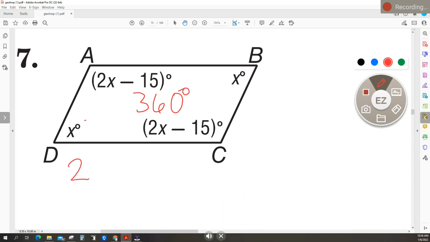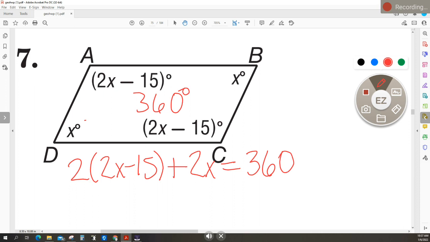So we can do 2 times 2x minus 15 plus, and then what are these two? 2 times x, which is what? 2x, right? And it has to equal 360 because that's what the interior angles of a quadrilateral add up to.